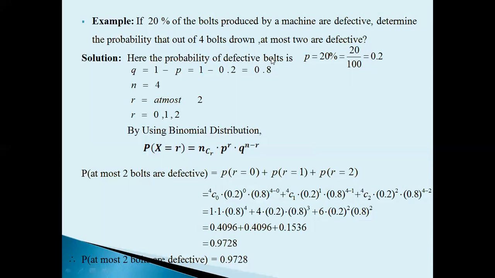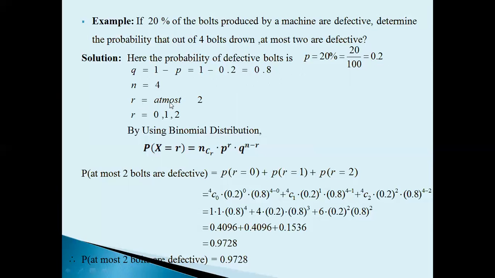The probability of a defective bolt is 0.2. Then q is equal to 1 minus p, that is 1 minus 0.2, which is equal to 0.8. n is equal to 4.